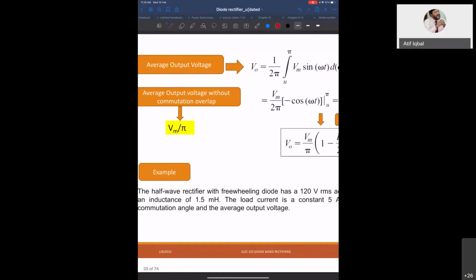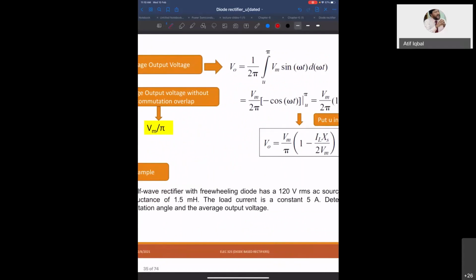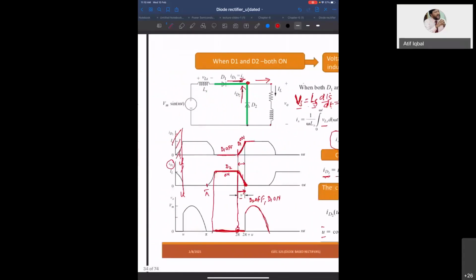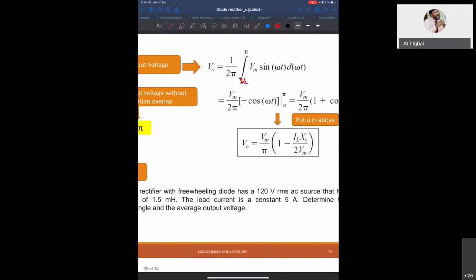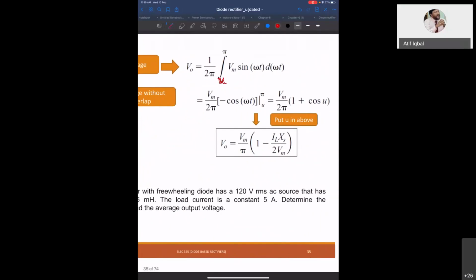Now, what is the average output voltage? The average output voltage is 1 over 2 pi. It will be integrated not from 0, but from u to pi, because the output voltage is 0 during this period u. So what you get is Vm over 2 pi times (1 plus cos u).